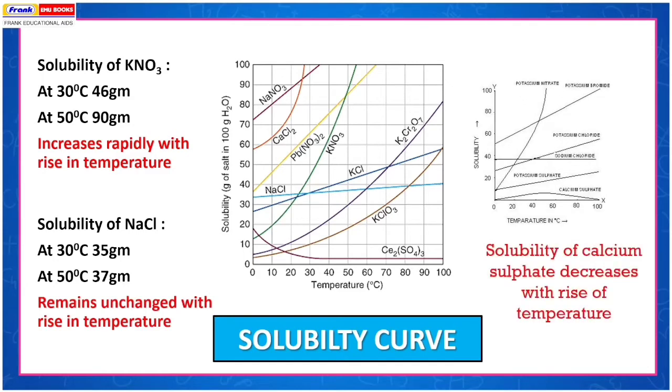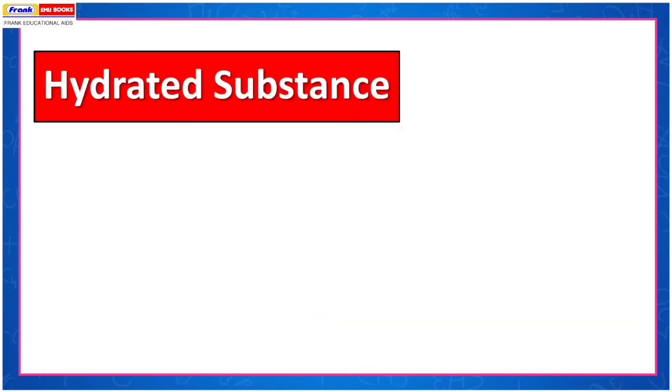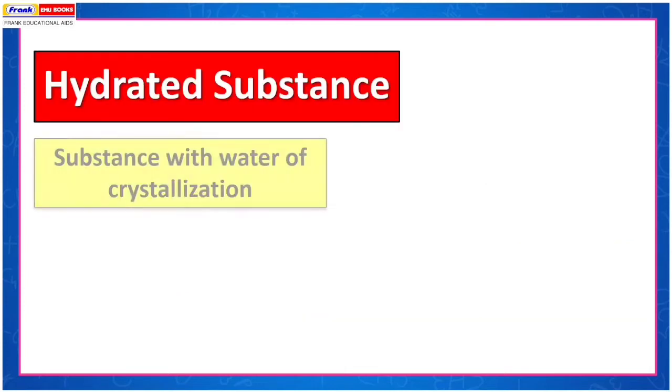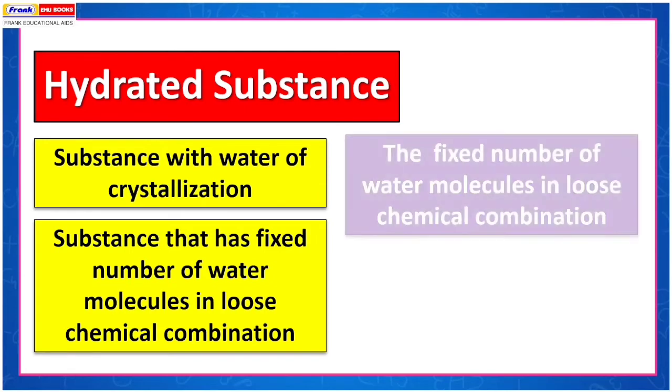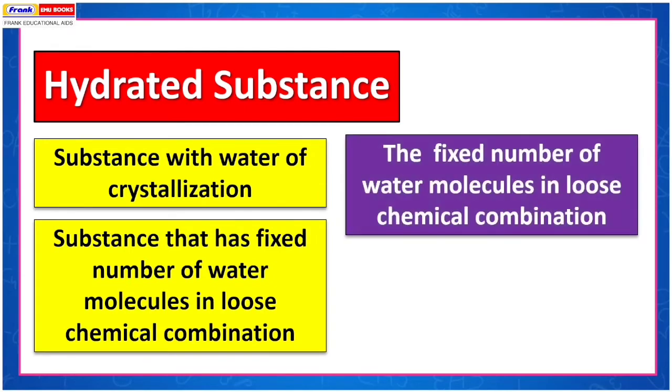Solubility of calcium sulfate decreases with rise of temperature. Hydrated substances. Substances with water of crystallization. A substance that has a fixed number of water molecules in loose chemical combination is referred to as a hydrated substance.